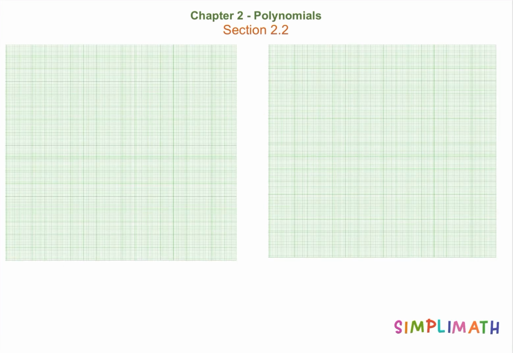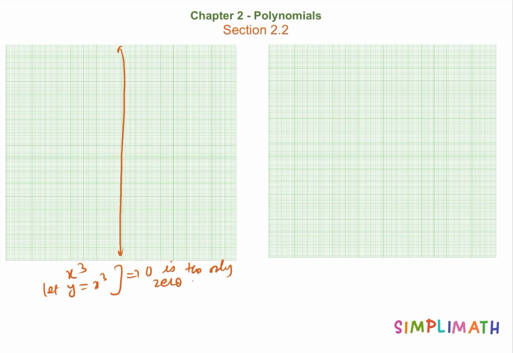Now let us consider a few more examples. Let us consider one cubic polynomial as x cube. So let y equals x cube. So from here we can say 0 is the only zero of this polynomial. Now let us plot this graph. Let this be the y-axis.